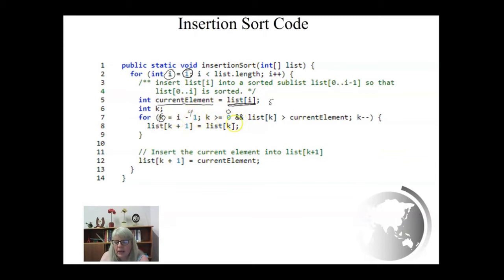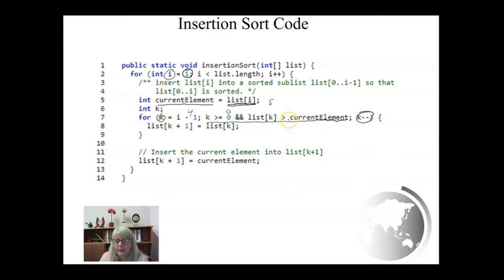And remember, the for loop is like a while, so both conditions must be true. K should be larger than 0, and list K should be larger than the current element. If any one of those is not true, this loop will end. The problem with a for loop is K is always decremented every time the loop iterates, but sometimes we forget that.